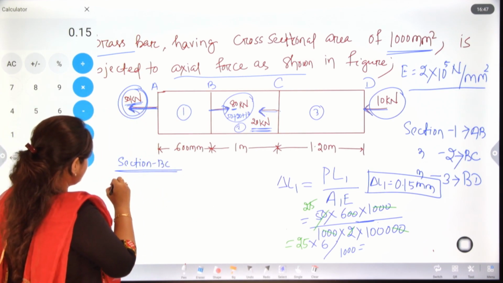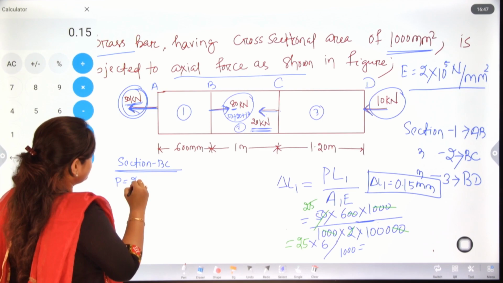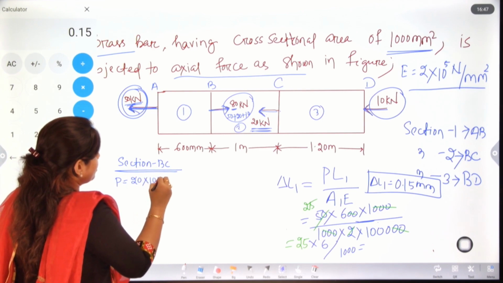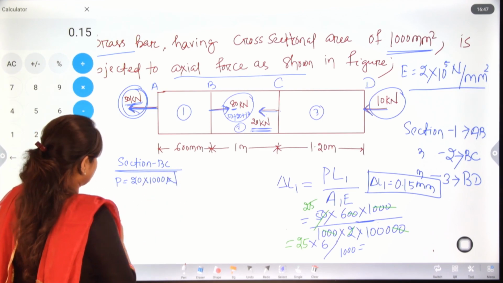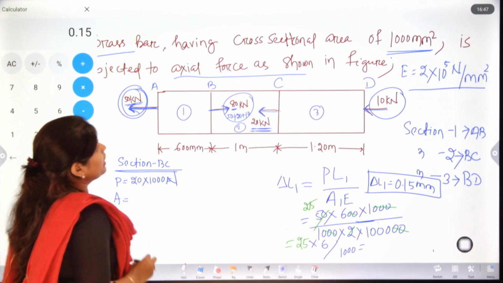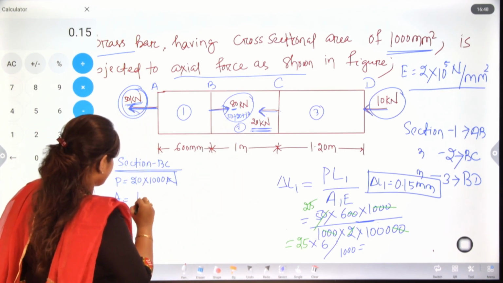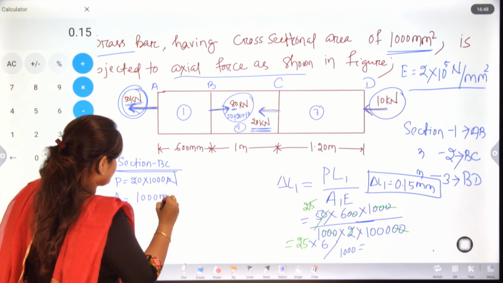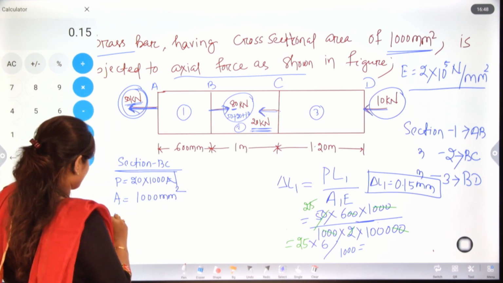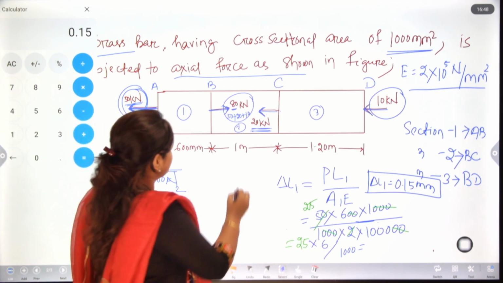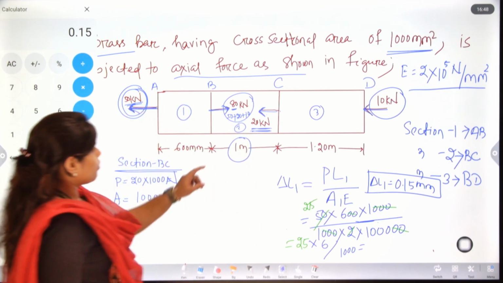So P equals 20 into 1000 Newton and the area is 1000 mm square. L is given here as 1 meter.